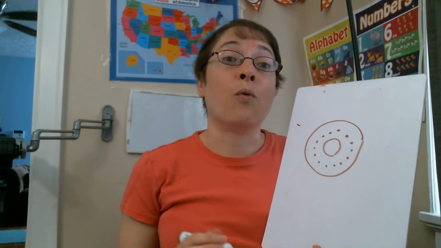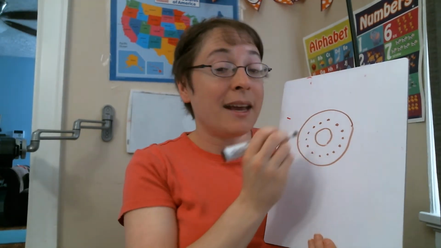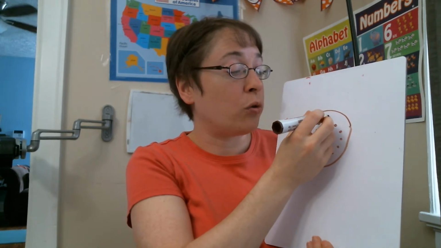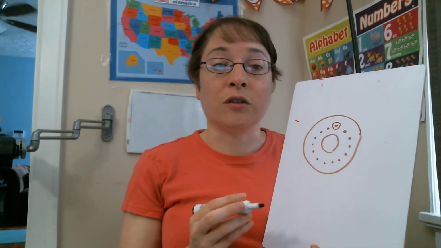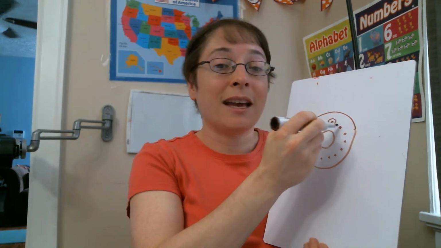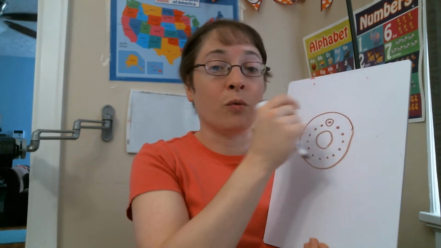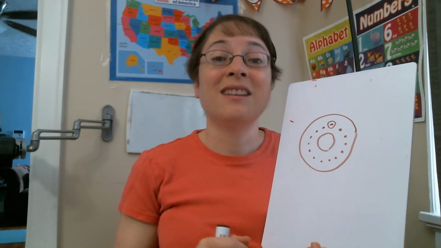Very good. And a way for you to remember where you start to count is you can even circle where you start to count, and then count around the circle until you get to the one before the one you circled. Very good.